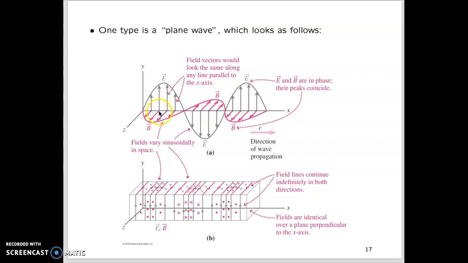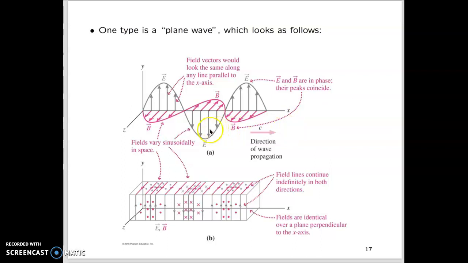At this point over here, you have an electric field pointing up along the positive y direction. It's a little bit bigger than it was over here. And you have a magnetic field, which is pointing again along the positive z direction. So at a given moment in time, these are what the electric and magnetic field vectors look like for an electromagnetic wave which is propagating along the positive x-axis.